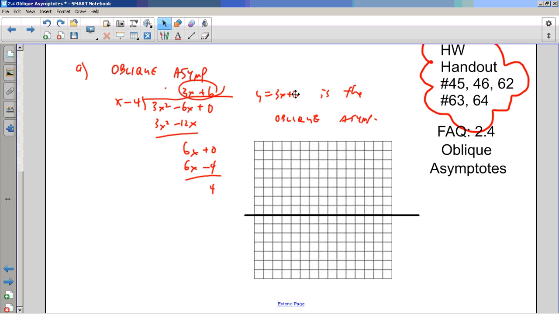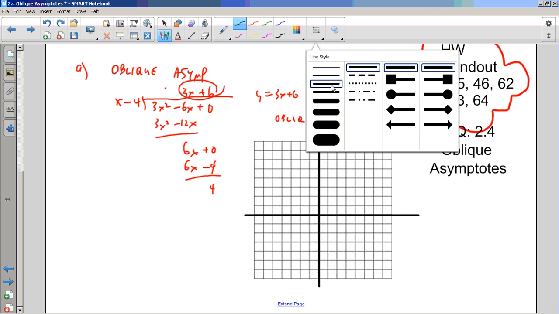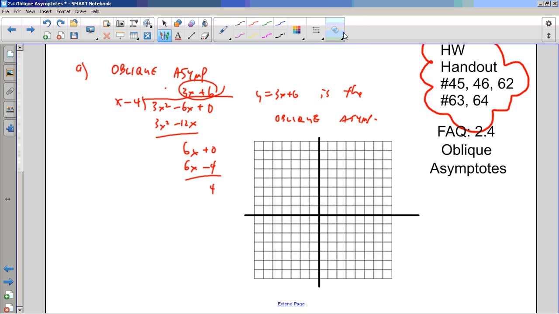I'm starting up at positive 6, and then my slope is 3. I'm going to have to change my scale on my y-axis just so I can fit this graph in. I'll show you what I mean. In this direction, I'm going to have 2, 4, and so on. But in this direction, to fit the oblique asymptote on there, I'm going to go up by 3s. So that's 3, 6, and 9, and 12.